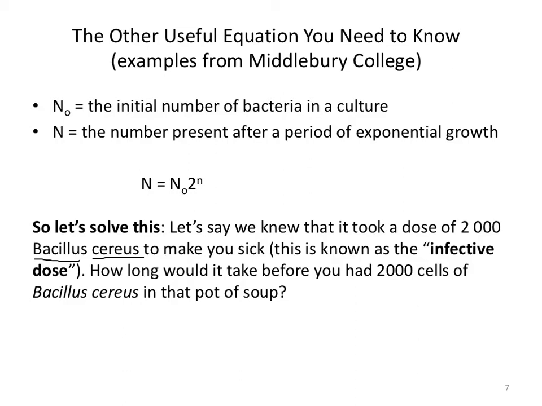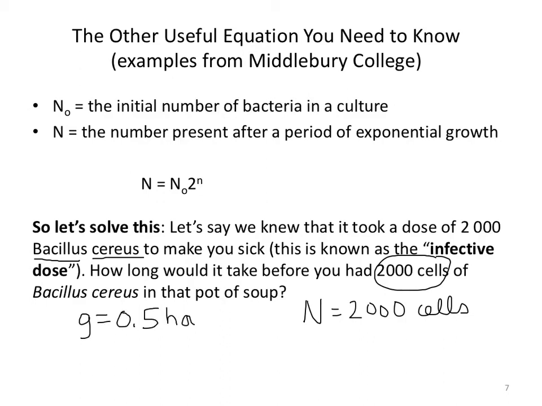So we have 2,000 cells, okay? That's N. We have some other information. From the previous question, we have the doubling time, G. G is 0.5 hours.